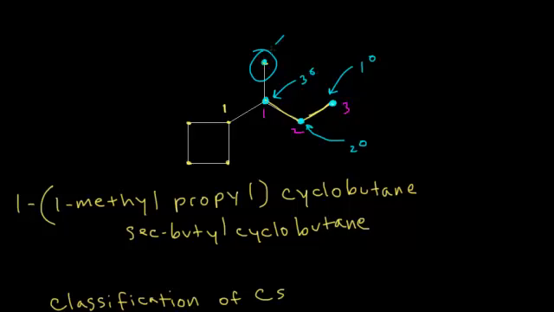This carbon is bonded to 1 other carbon, so it is primary. This carbon is bonded to 3 other carbons, so it is tertiary. And all of the carbons on the ring right here are bonded to 2 other carbons, so they are all said to be secondary. So that's a very important skill to develop, classifying your carbons. Again, this will come up in future videos with different functional groups.